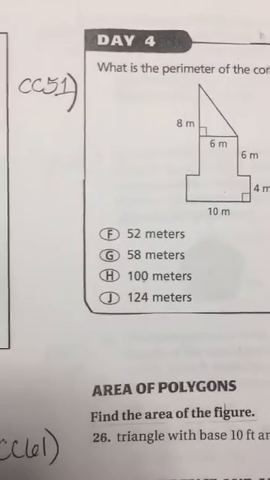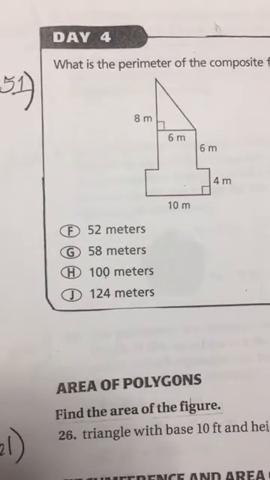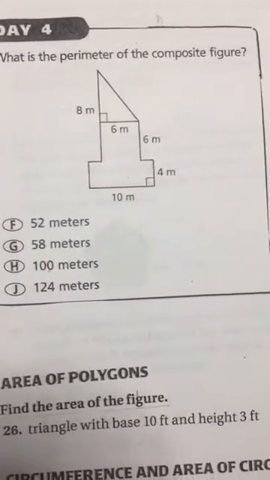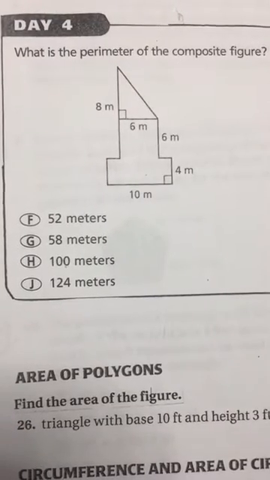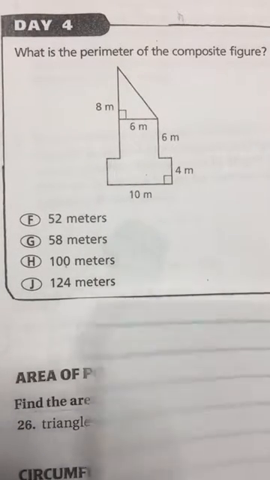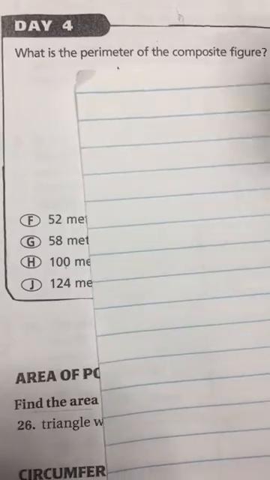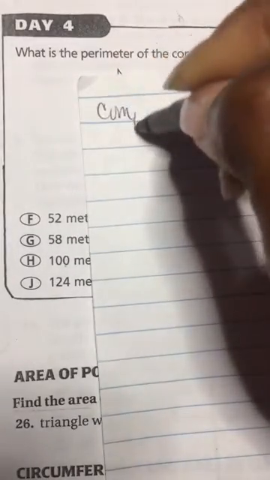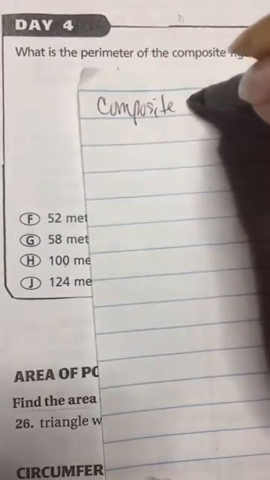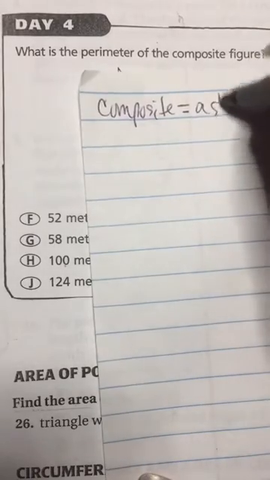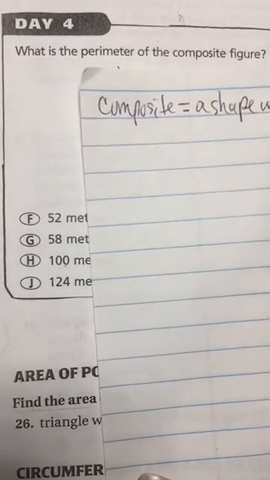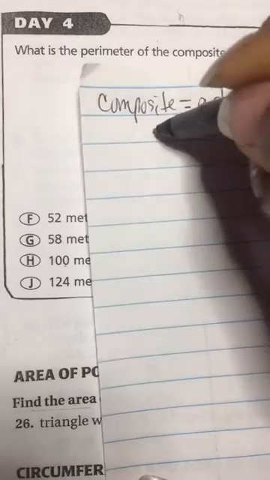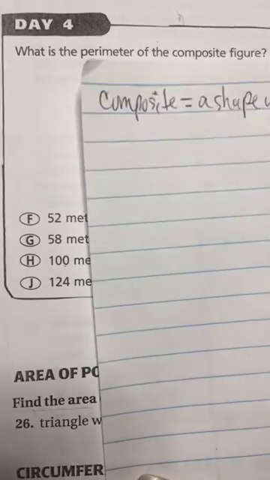This is page CC 51, day 4. It says, what is the perimeter of a composite figure? What does composite mean? Composite means a shape with multiple shapes put together.